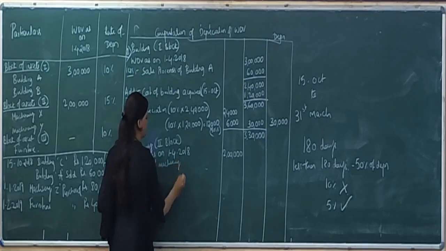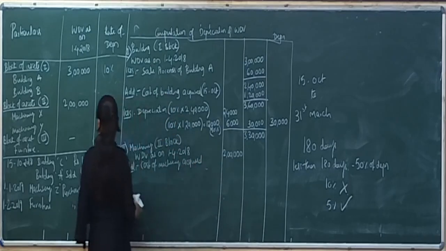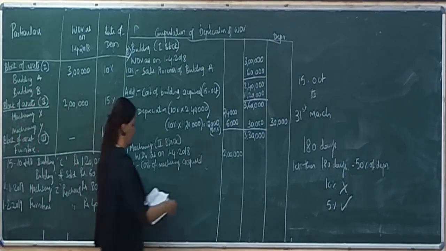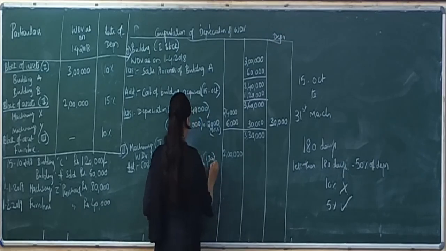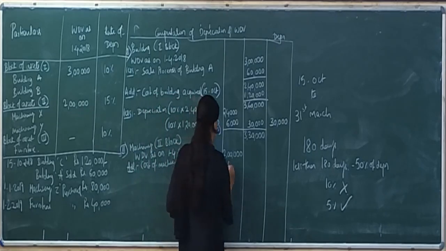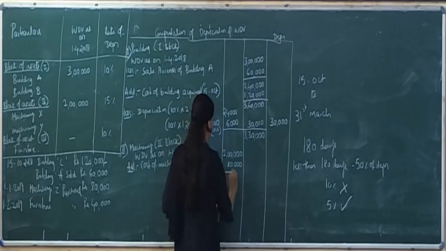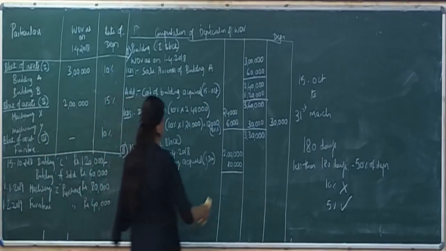Cost of machinery acquired. Okay, so now this machinery was purchased on 1st January 2019, cost being 80,000. I'll write it here.